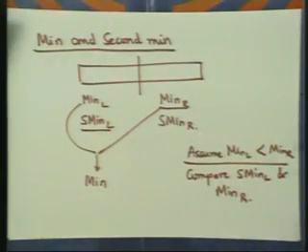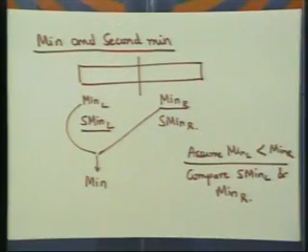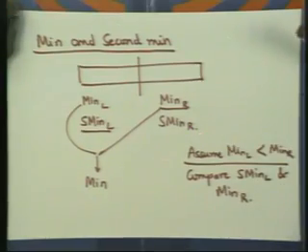The minimum of these two will give me the second minimum. The minimum of the entire array I get by comparing the two minimums, and the second minimum I get by comparing the minimum element which lost the first comparison, which was larger, with the second minimum of the one that won.